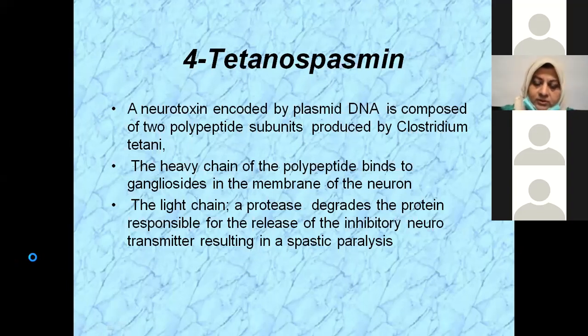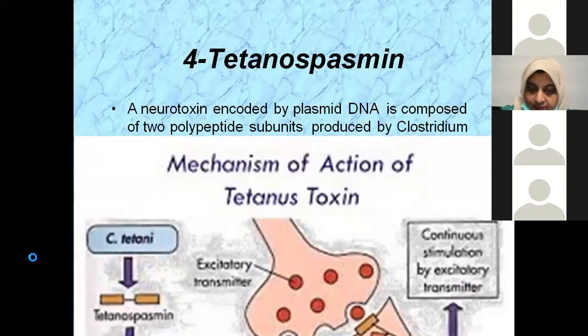So both botulinum toxin and tetanus toxin are acting on nerve endings, on the neurons, but their functions are different. One is causing a flaccid type of paralysis by inhibiting the release of acetylcholine, while the other is acting on the proteins that are responsible for the release of the inhibitory neurotransmitter, which is glycine.